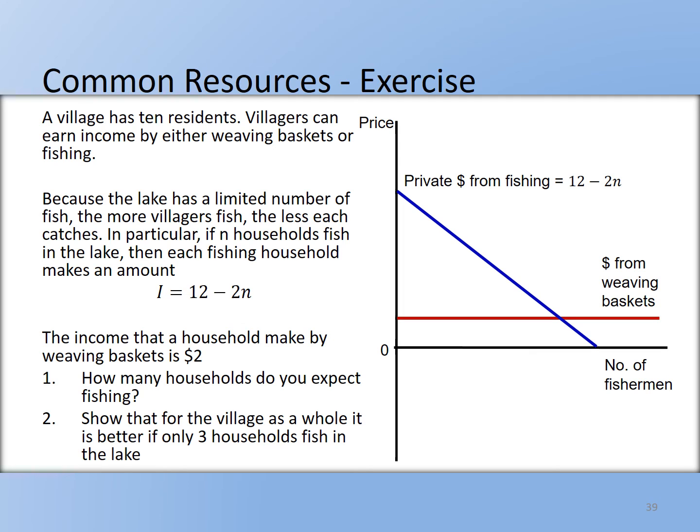So first, how many individuals will go fishing? Well, obviously, as long as the income from fishing is higher than the income from weaving basket, you would expect people to go fishing. So in equilibrium, the number of people fishing will be determined by the intersection of the income from fishing and the income from weaving basket, which is here.